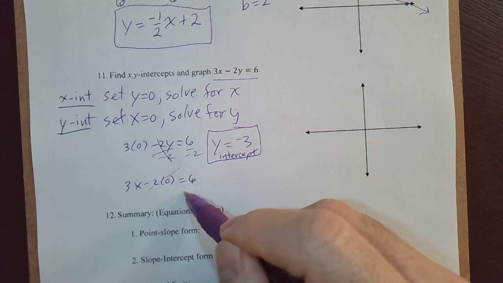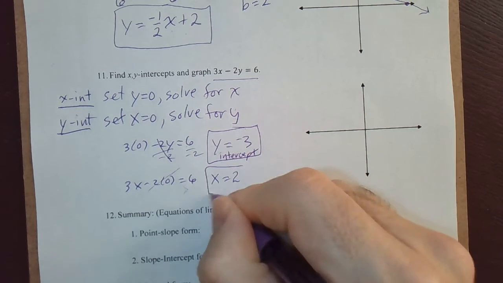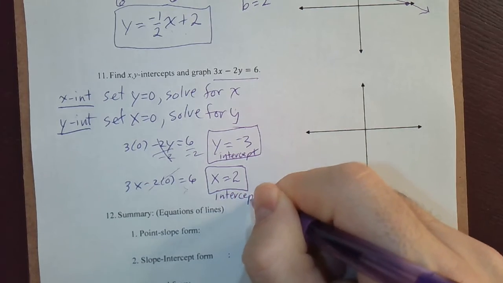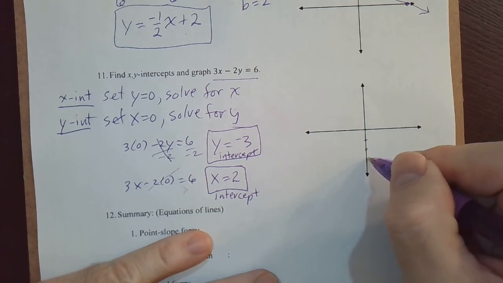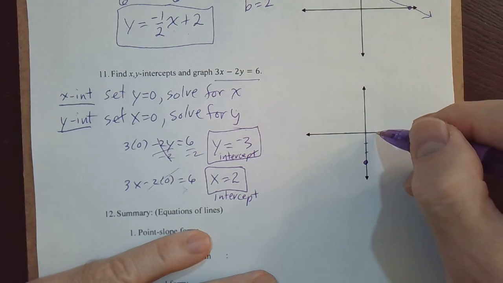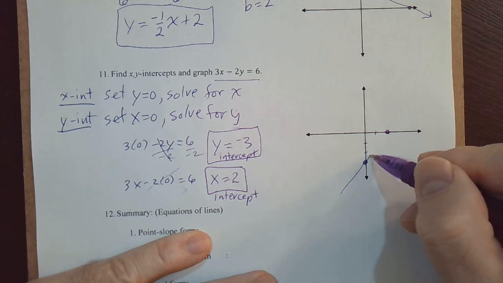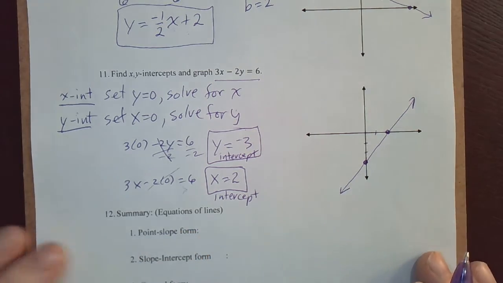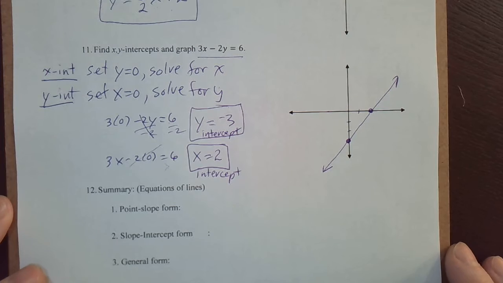Divide both sides by 3, and you get x equals 2. That's the x-intercept. So the y-intercept is negative 3. The x-intercept is 2. So we found the x-intercept, the y-intercept, and then we graphed the line.